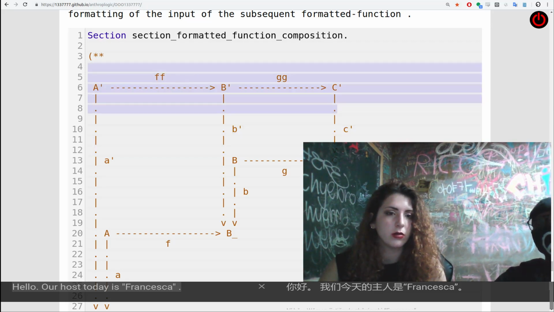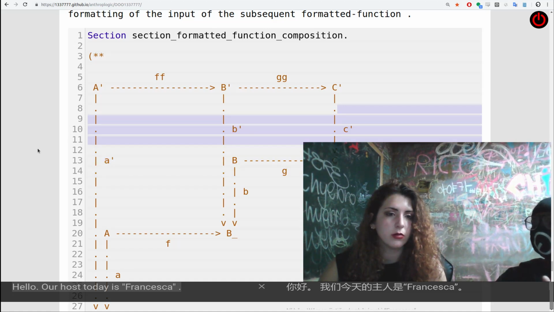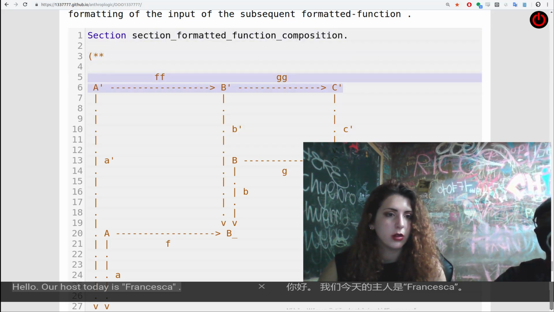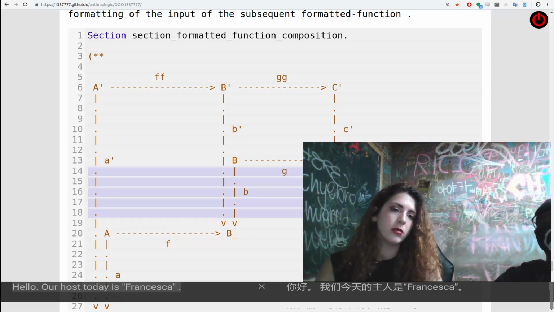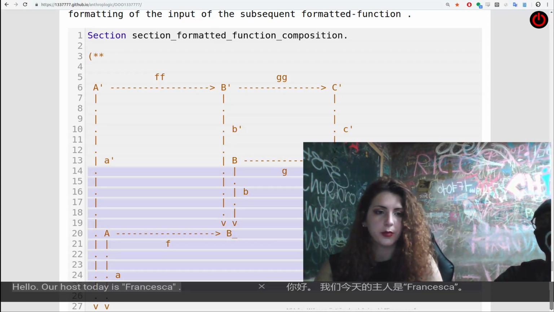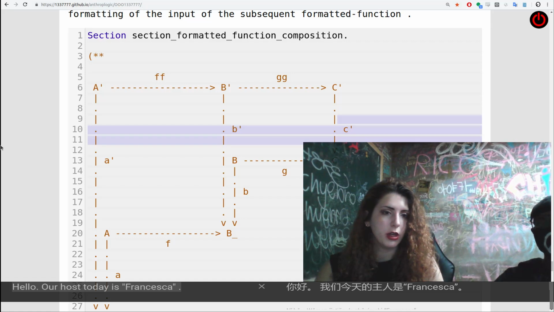These arrows are the formatting. So maybe the above is the totality of the data, complete, and below is partial data. These arrows extract data from the total to below.